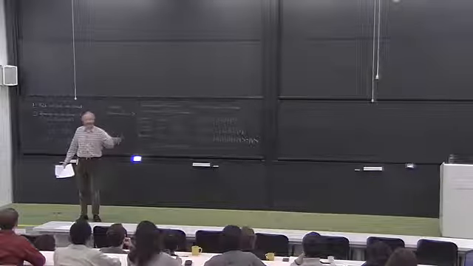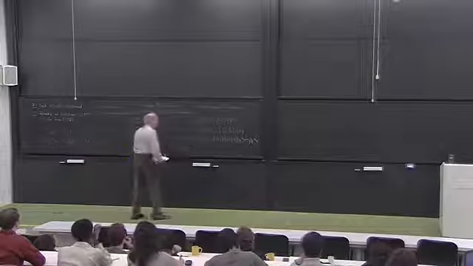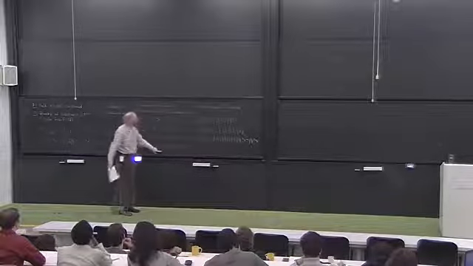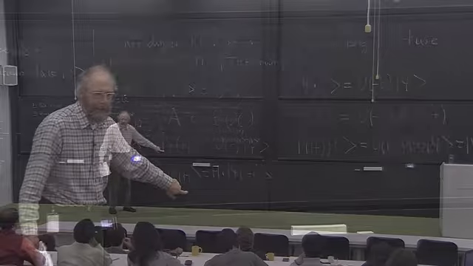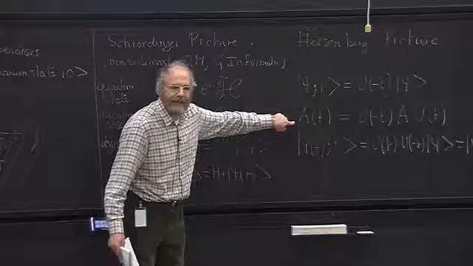So, of course, what changes are the operators, the observables. So now the Schrödinger equation is replaced by a Schrödinger equation for operators. And what is it?